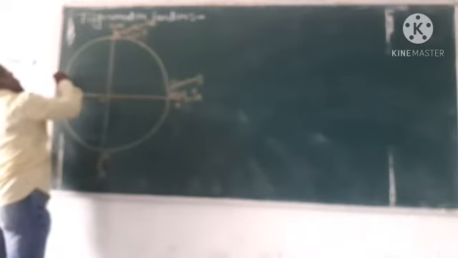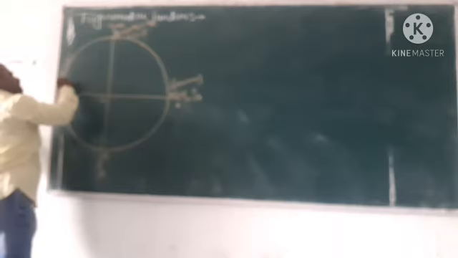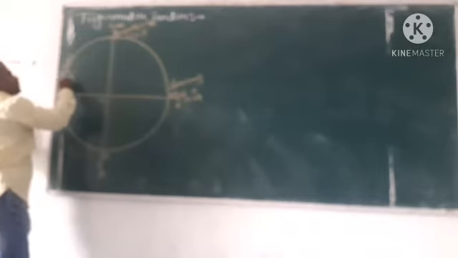Another part we are going to express: cos pi, sin pi. So cos pi means (-1, 0). Got it?